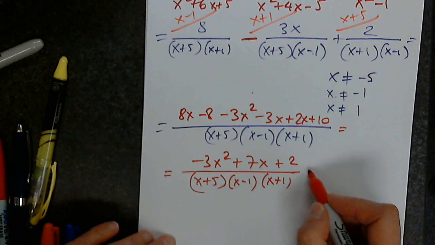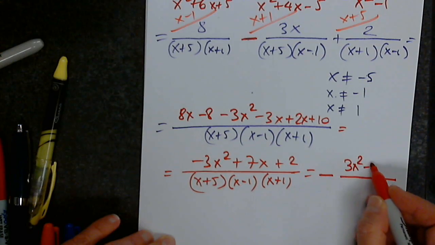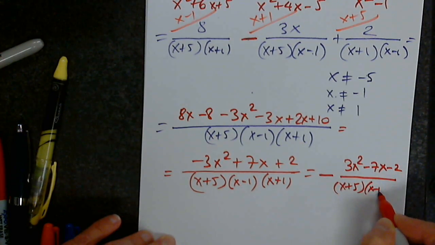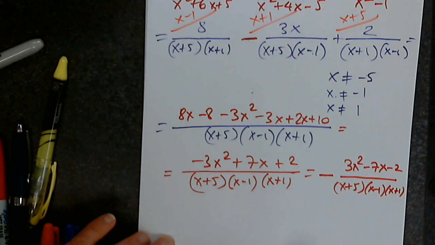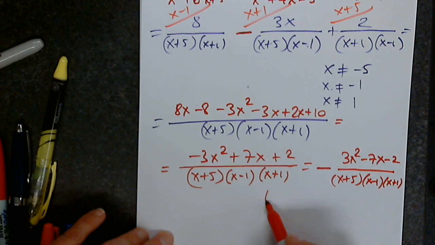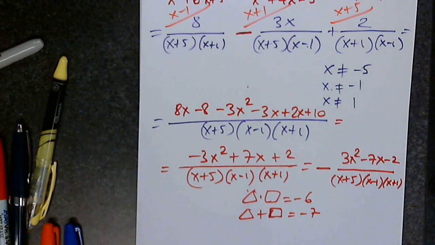Negative. Yes. I will put negative 1 in front of the fraction line and I will write 3x squared minus 7x minus 2. I will try and check if I can factor this. So the product is negative 6 and the sum is negative 7.